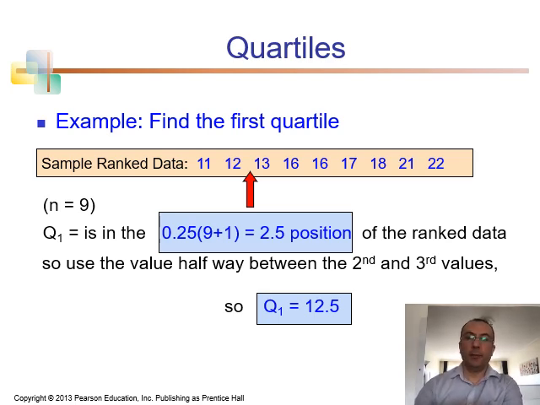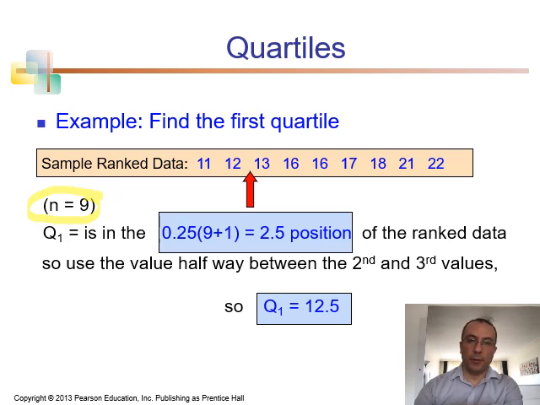So here's an example. We have 1, 2, 3, 4, 5, 6, 7, 8, 9 observations. So if you have 9 observations, the sample size is 9. 0.25 times (9 plus 1) equals 2.5. So the location is 2.5. Now this is 1, this is 2, this is 3.